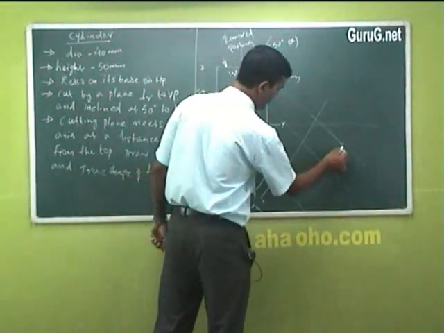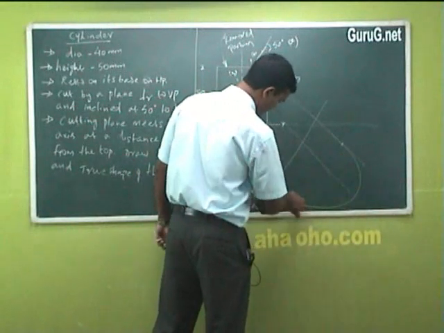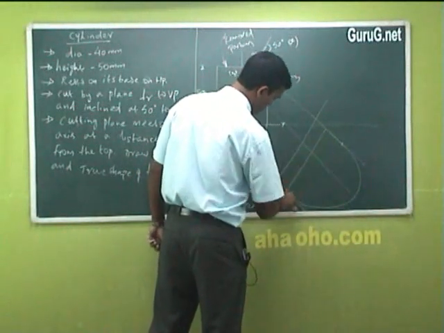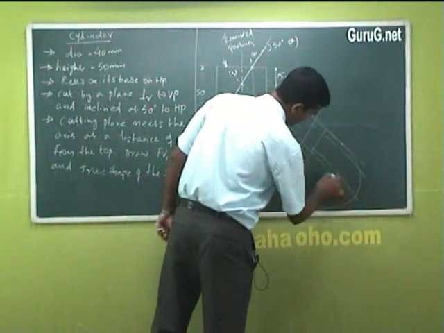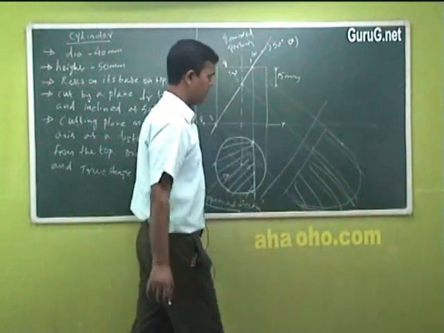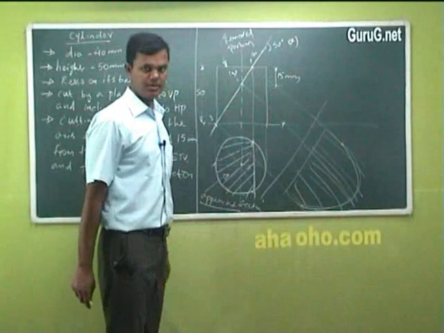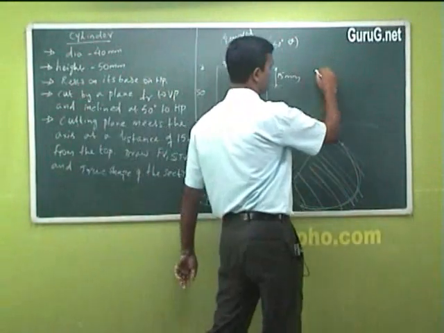When you do this, you will get a shape like this. Again I am telling you, I am not drawing an exact sketch here; it will just be like this.